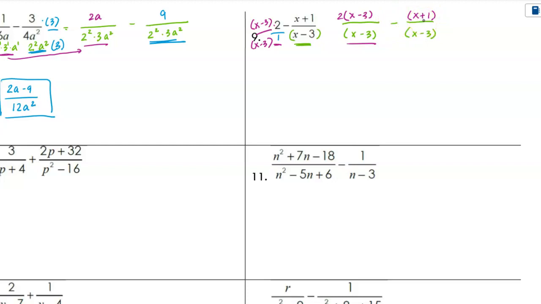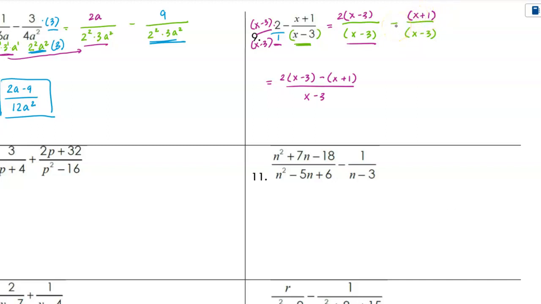Okay, let's go ahead and combine. So we end up with a 2 times x minus 3 minus x plus 1. And then we get an x minus 3 in the denominator. Now remember I told you to put a parentheses around that x plus 1 right here. The reason is that we have to distribute that negative through.